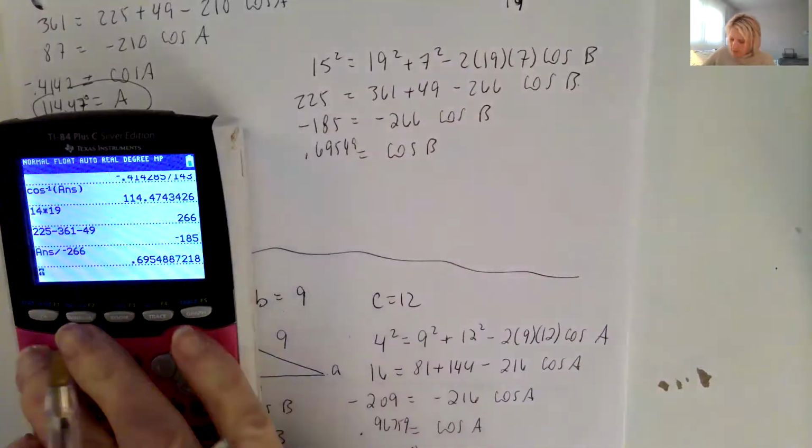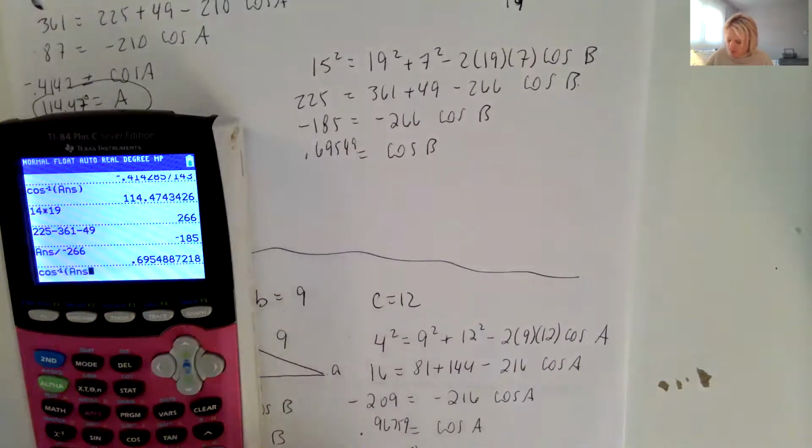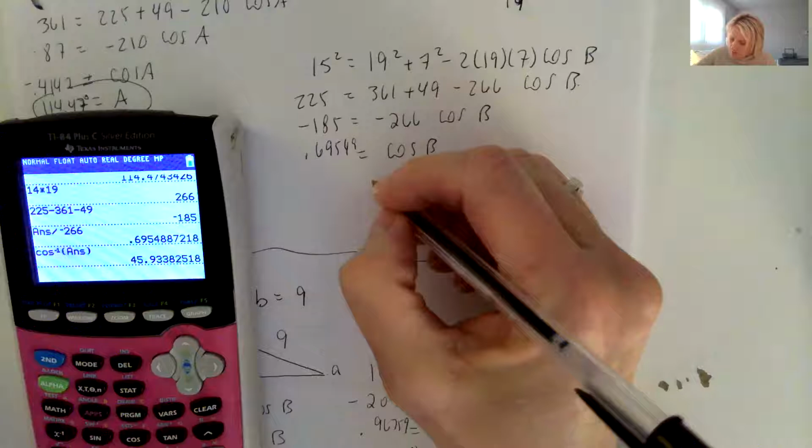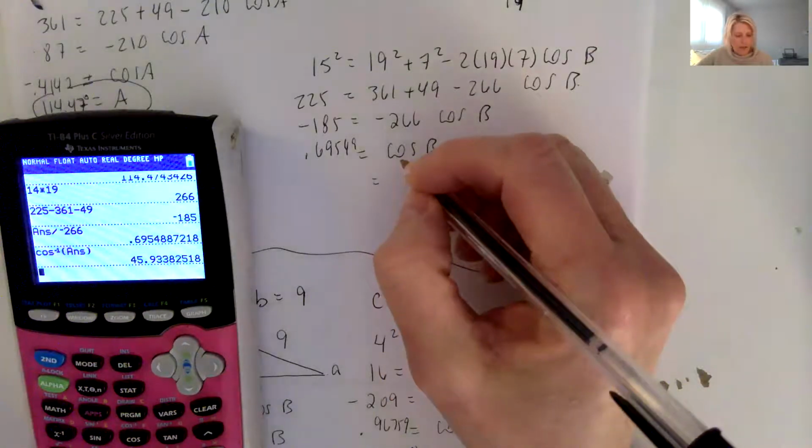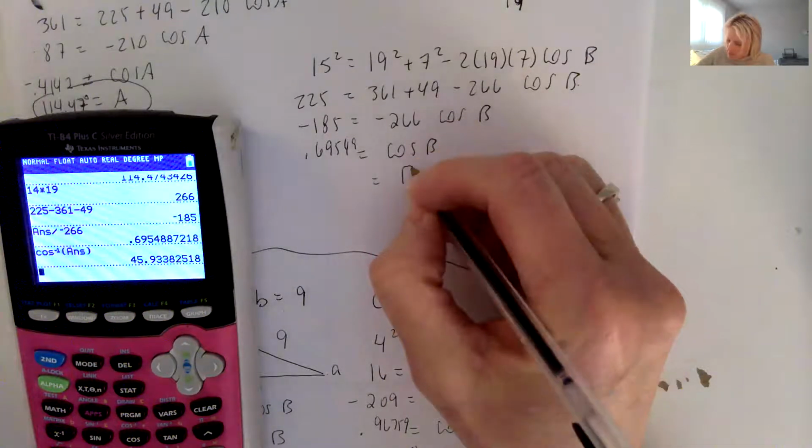The inverse cosine of that answer is a 45.9338 degree angle for B.